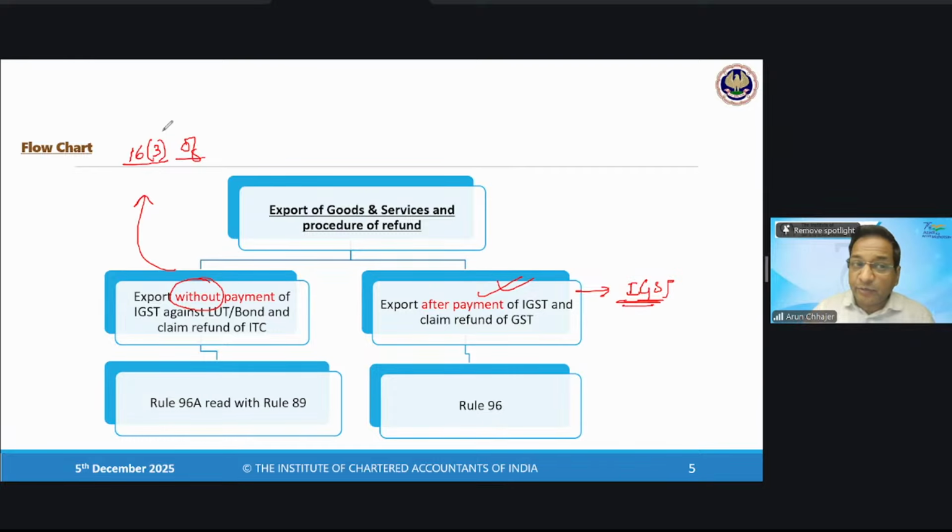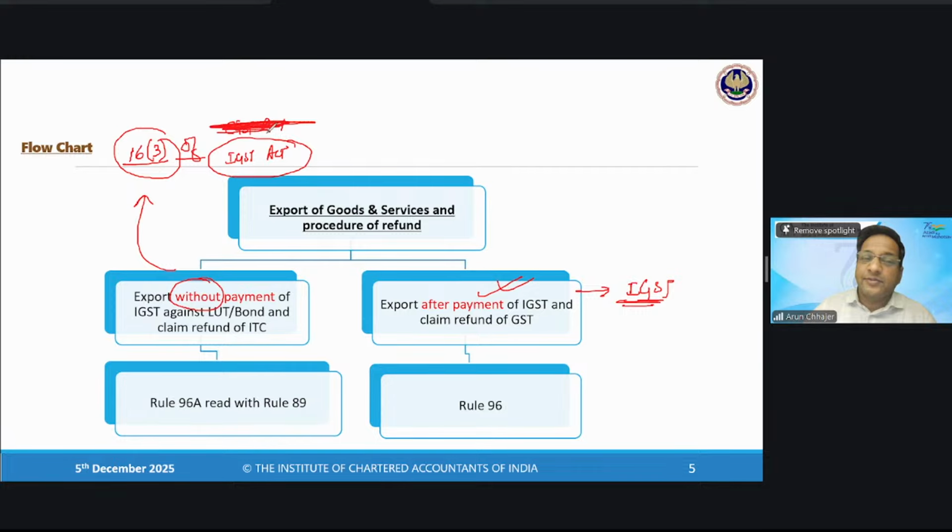Can you please tell me, is 16 subsection 3 for the CGST Act or the IGST Act? Whatever we are reading, is that CGST or is that IGST? Answer is IGST.